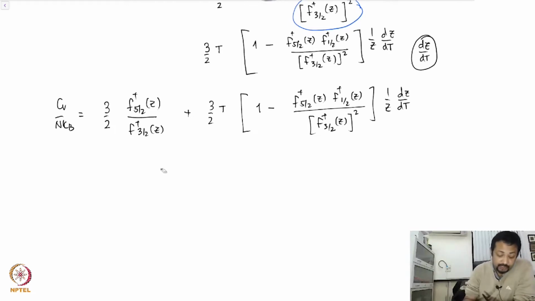For that, we start off with the expression for the particle number, which was n equals gV over lambda_T f_{3/2}(z).